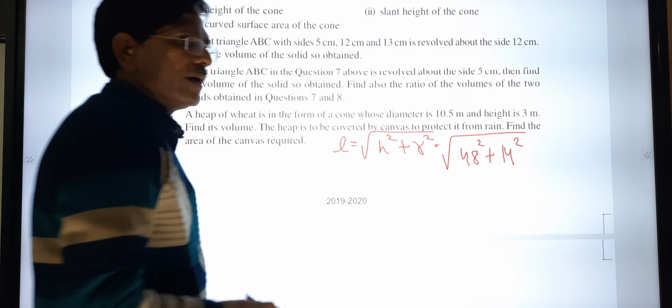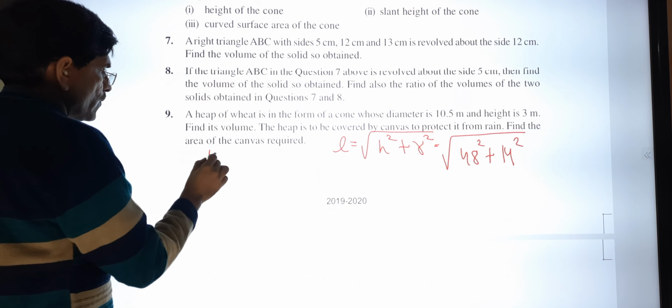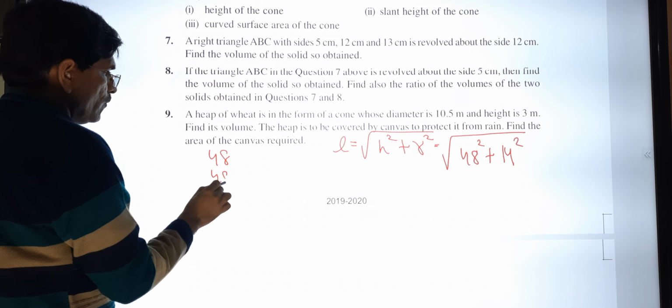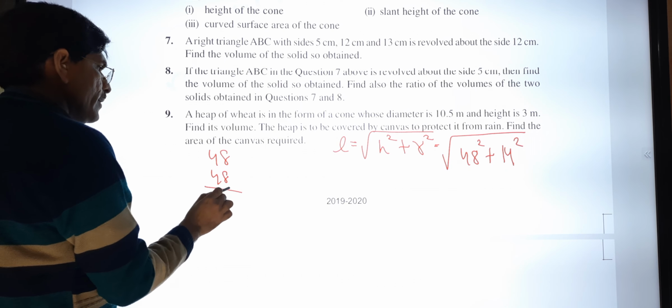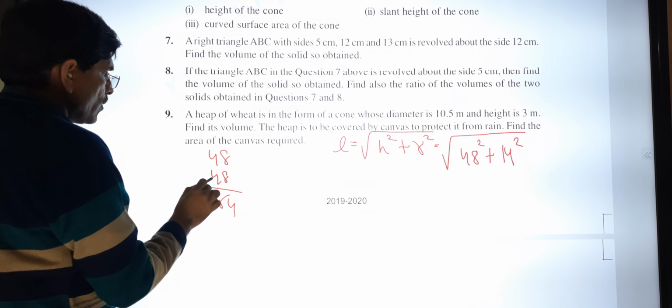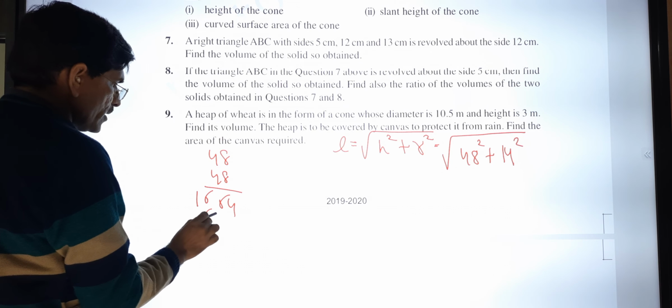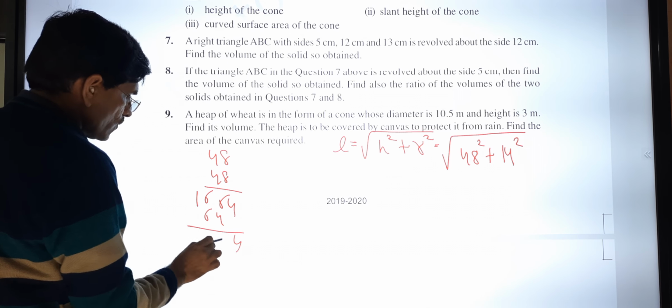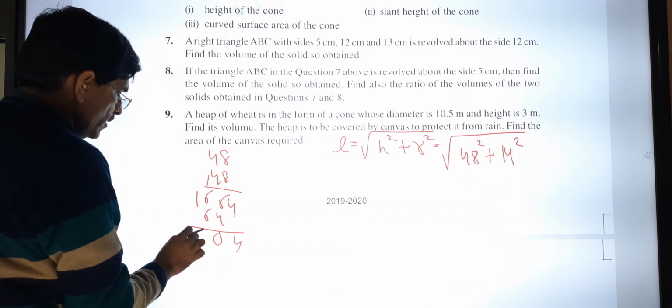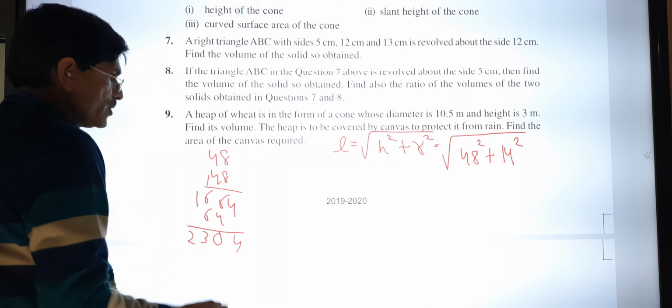Now 48 square, so we know how to do 48 square. 48 into 48. 8 8s are 64. 4 8s are 32, plus 32, 64. So 2304.